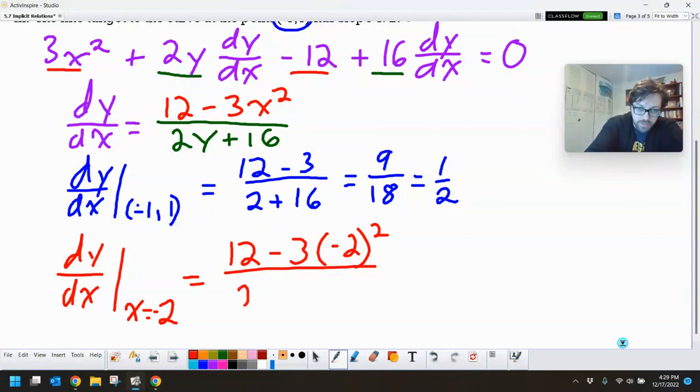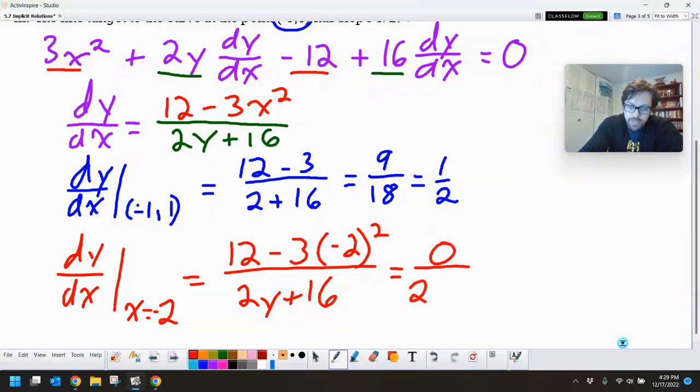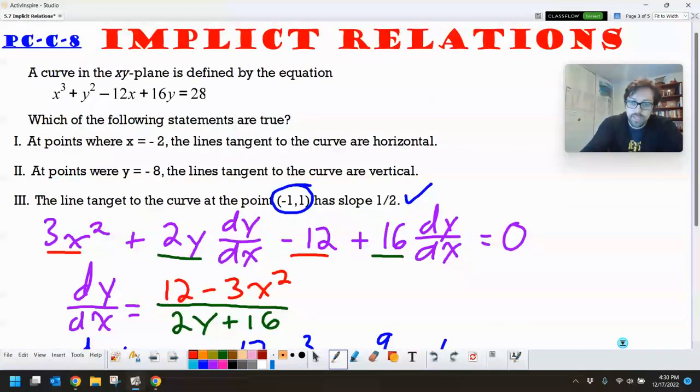And then the 2y plus 16 is just going to stay the same thing. So in the numerator, we get 12 minus 12. So that's 0 over that 2y plus 16. And oh, that is 0. So a horizontal tangent line would have a slope of 0. And so, yes, we have a horizontal tangent line whenever x equals negative 2. So that one also seems to be true.